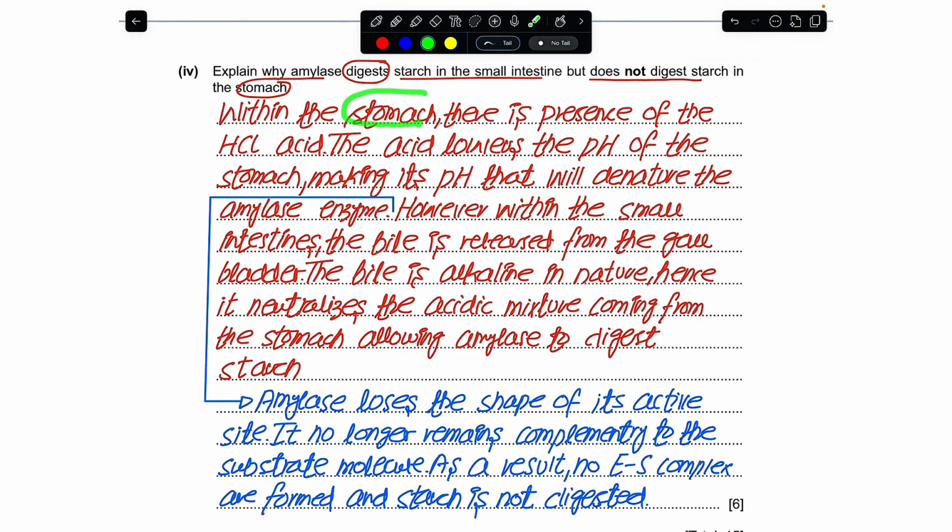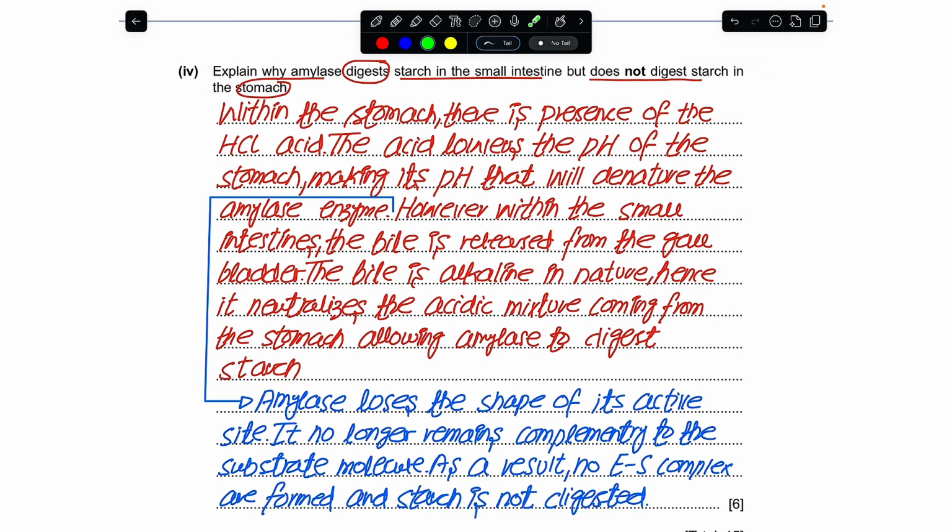What I have written here is that since we have the stomach, and there is hydrochloric acid, this acid lowers the pH of the stomach, and that lowering of the pH would denature the amylase enzyme. When the amylase is denatured, it loses the shape of its active site and no longer remains complementary to the substrate molecule. As a consequence, no enzyme substrate complexes would be formed, and the starch would not be digested. So here we complete 6 points, just sticking to the stomach scenario.